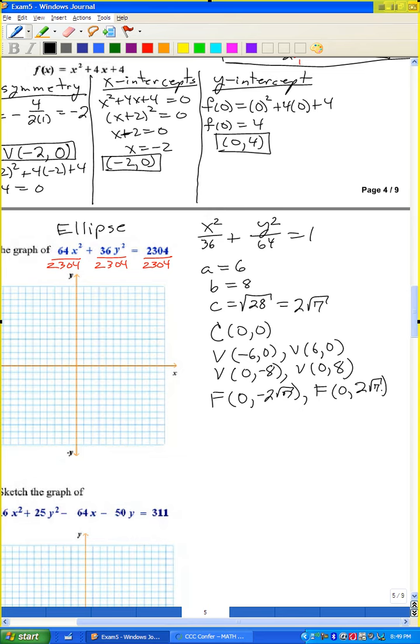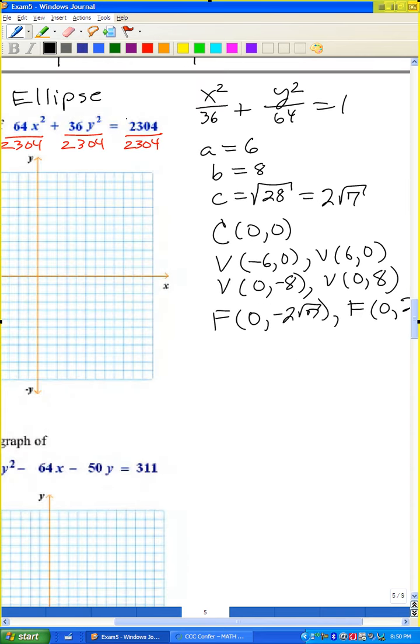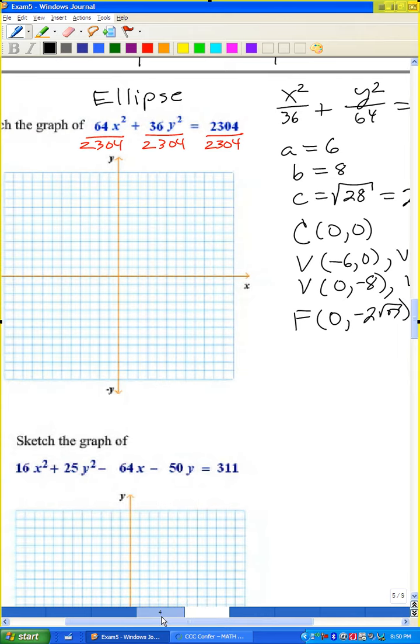Okay, and that's about it. Okay, so let's do that. Maybe I'll make it a little bit bigger. Okay, so 0, 6, 8.